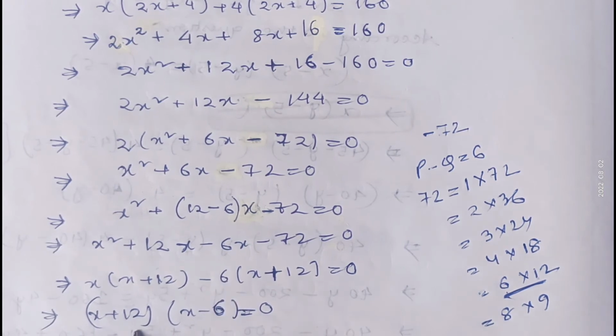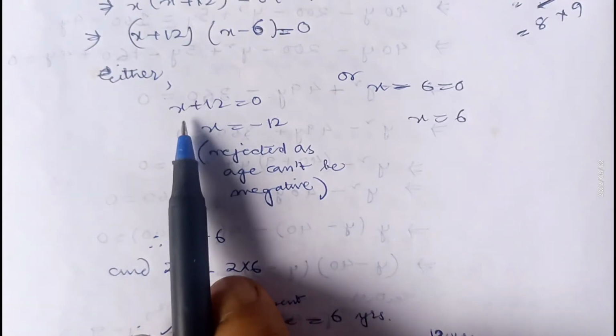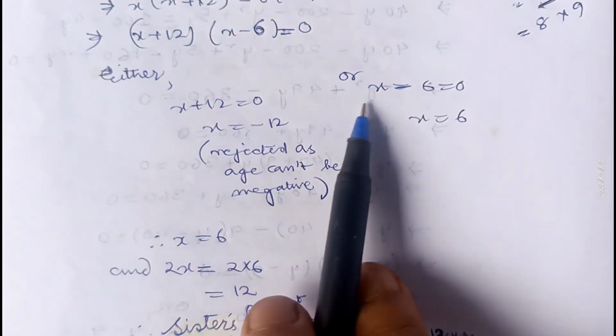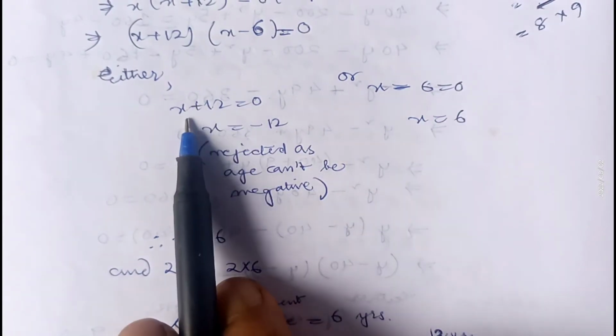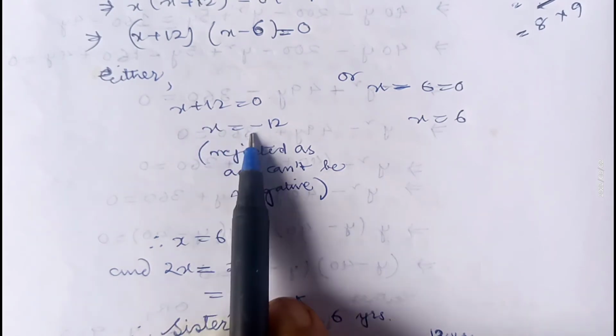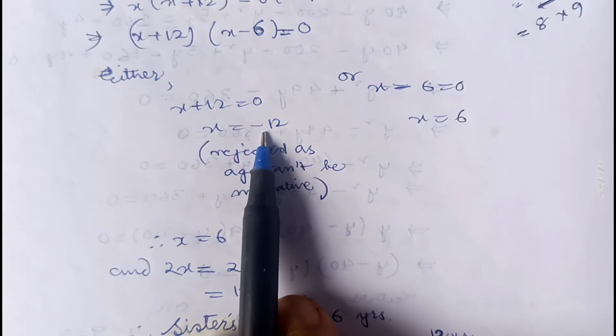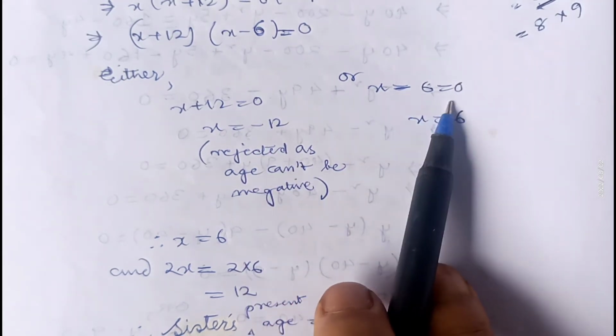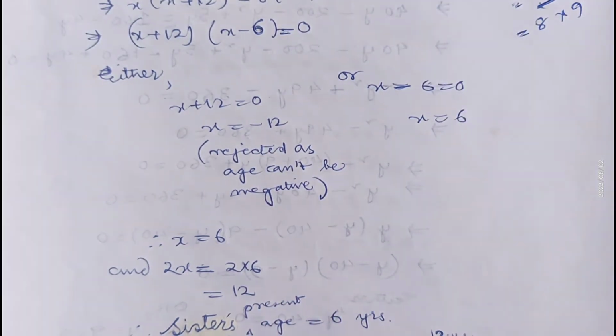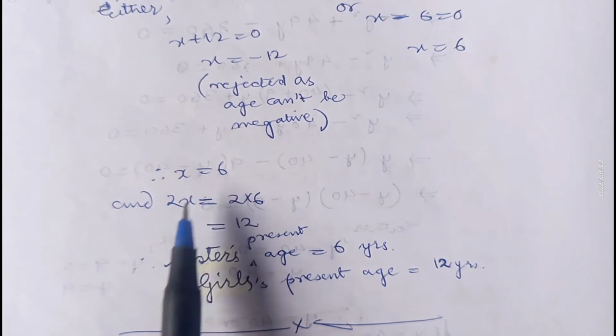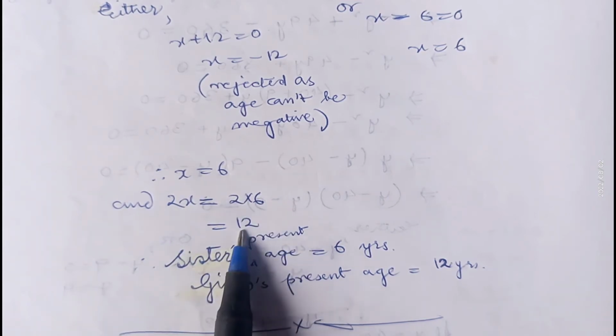So we got x plus 12 into x minus 6 equals to 0. So either x plus 12 equals to 0 or x minus 6 equals to 0. If x plus 12 is 0, then x will be minus 12, and we know age cannot be negative, so this part is rejected. And from here x minus 6 equals 0 means x equal to 6. So we got x equal to 6. So twice x equal to 2 into 6, 12.